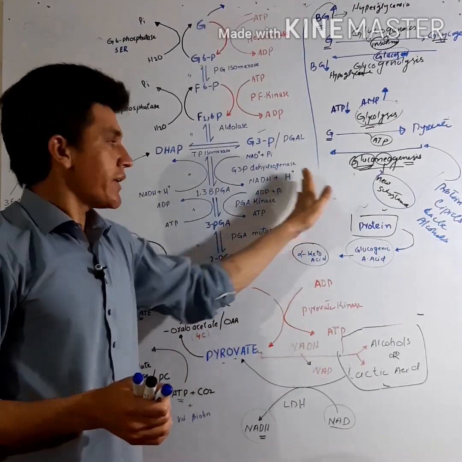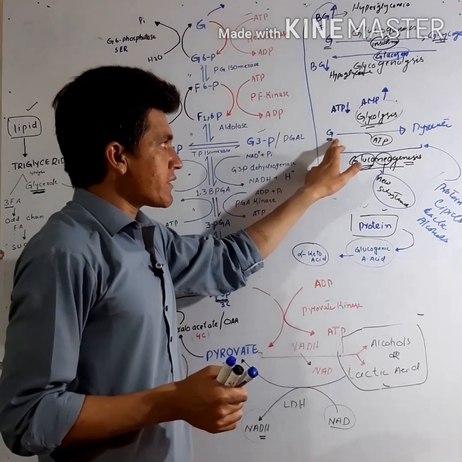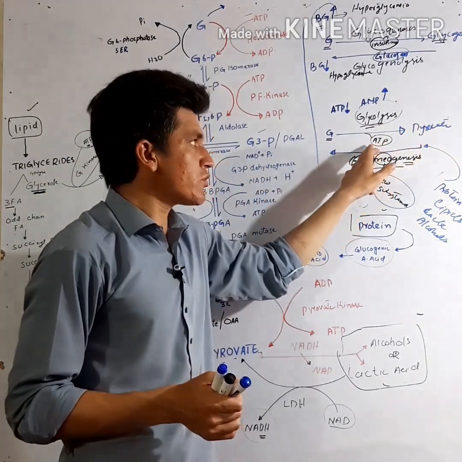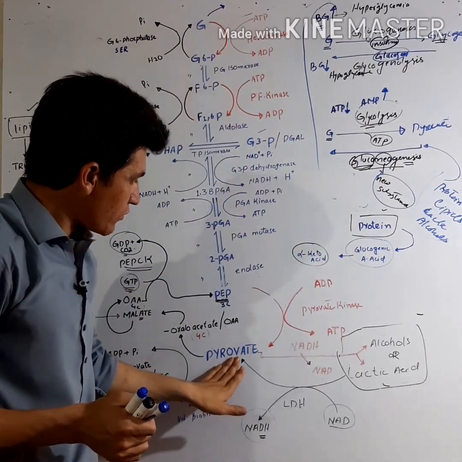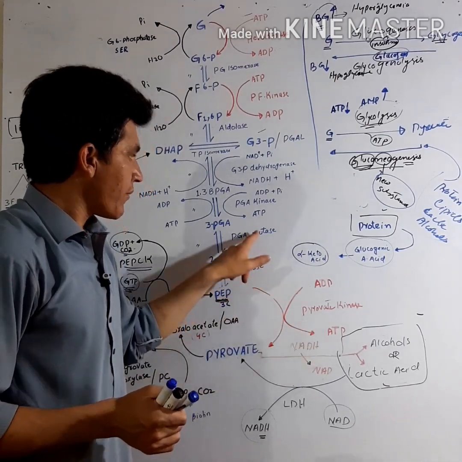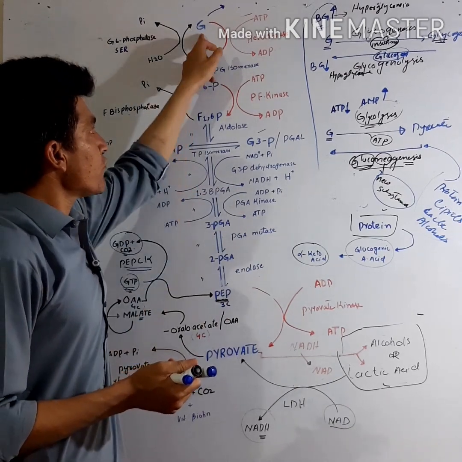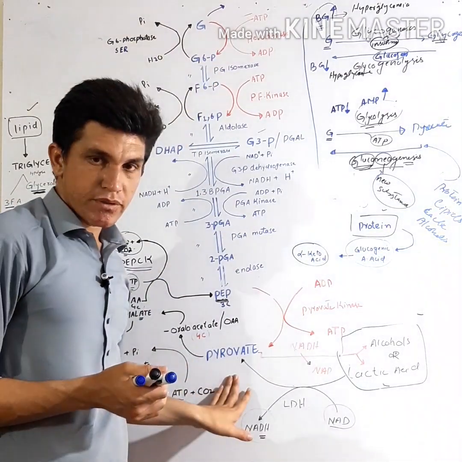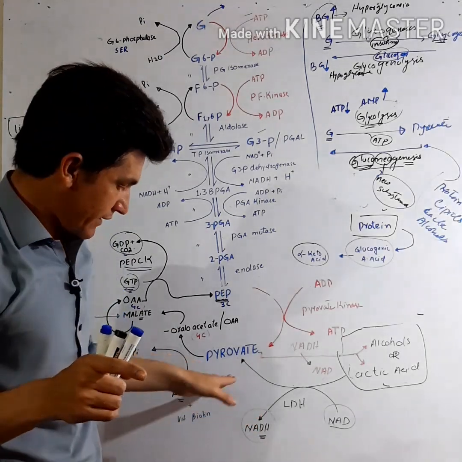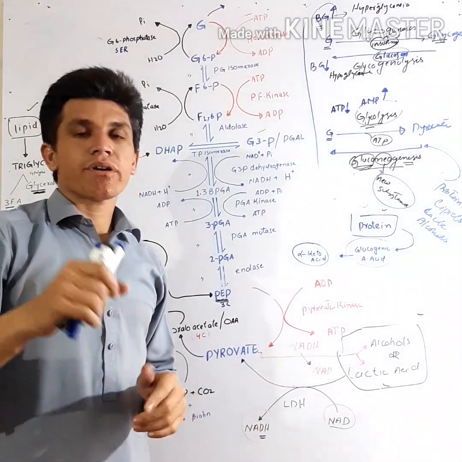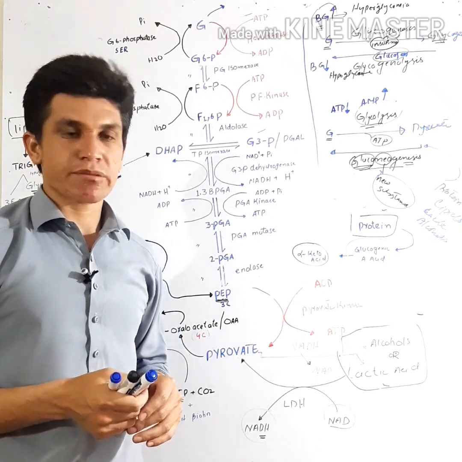This is glycolysis, and on this side is gluconeogenesis. As we studied, in glycolysis glucose is broken down into pyruvate molecules to release a small amount of energy in the form of ATP. If the glycolysis is aerobic, then the pyruvate goes through other reactions: the link reaction, Krebs cycle, and electron transport chain.